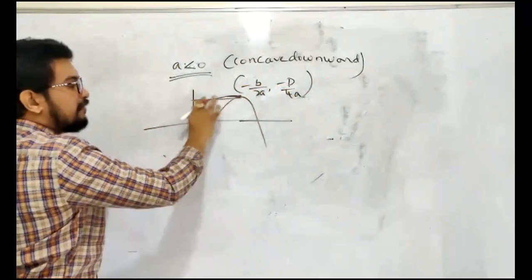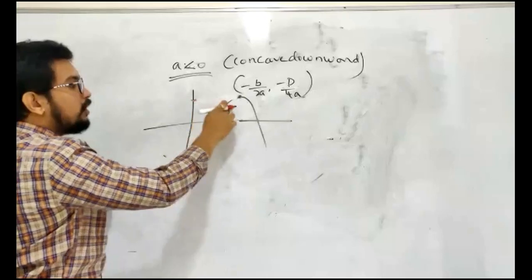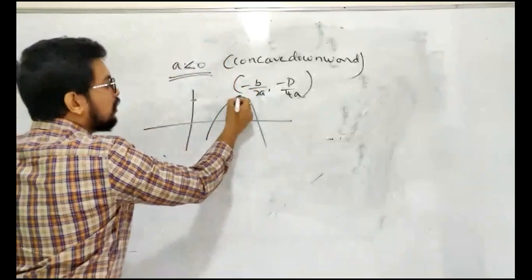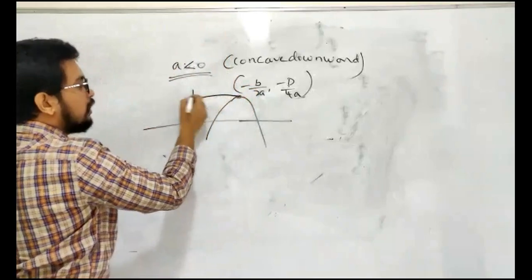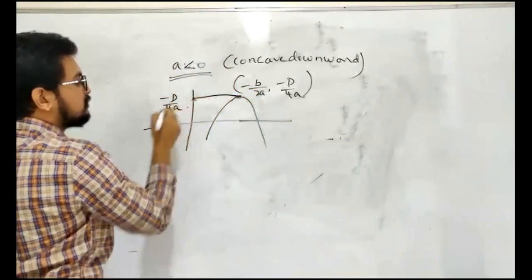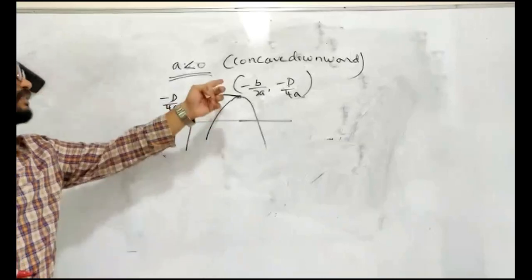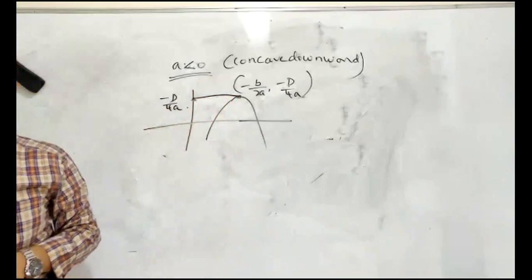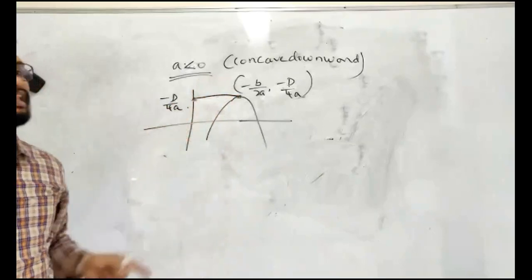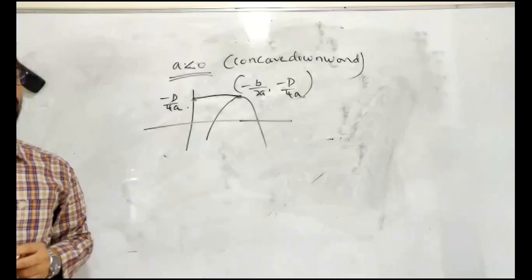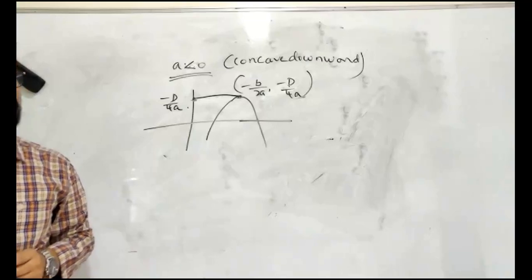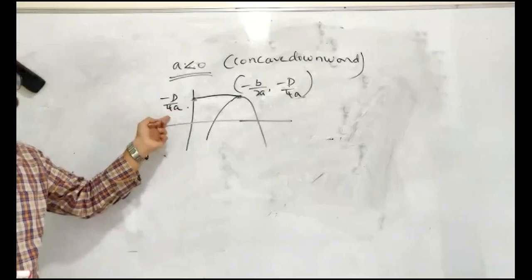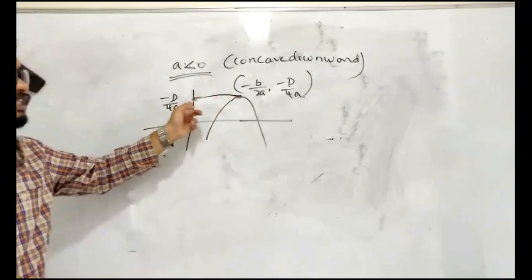In that graph, there is no point above this vertex, so the vertex is the maximum most point, and the maximum value is minus D by 4a. Since this is the highest point, the value here is the maximum value.